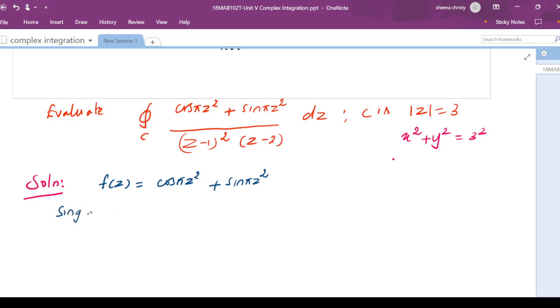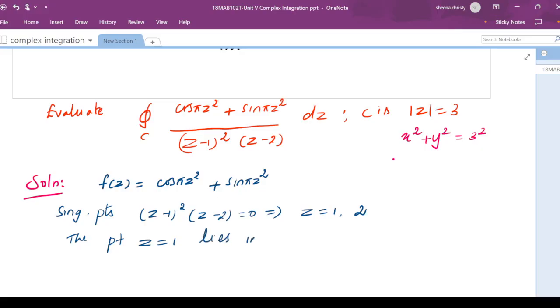Singular points can be found out by equating the denominator to 0. So this gives you z equal to 1 and z equal to 2. Now we have to analyze whether the point z equal to 1 lies inside C. What is C here?